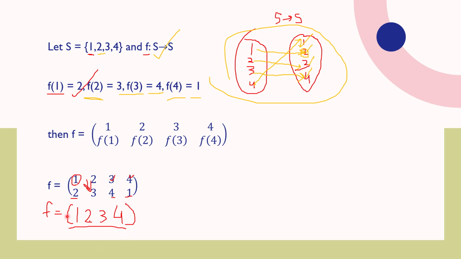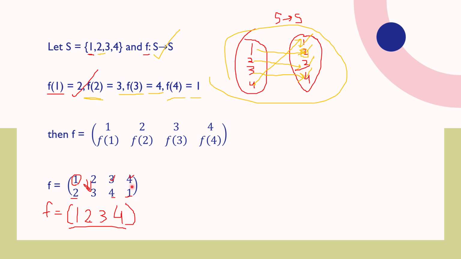So either you can write in this form, and when you have to convert it into this form, you will just look here. First you write the elements themselves. Then 1 goes to 2, so under 1 you will write 2. Then 2 goes to 3, so under 2 you will write 3. Then 3 goes to 4, under 3 you will write 4. Then 4 goes to nothing.